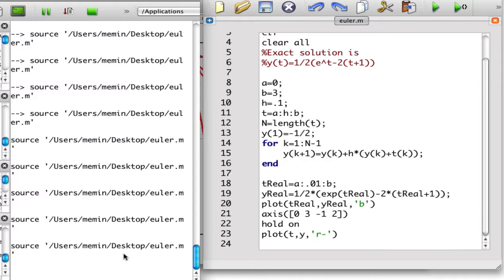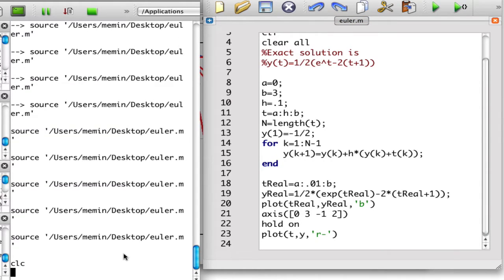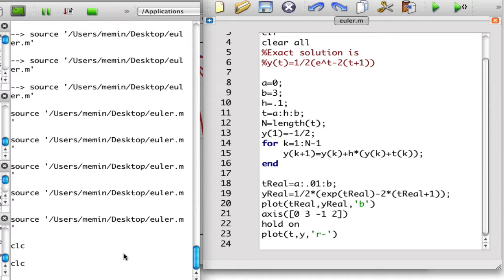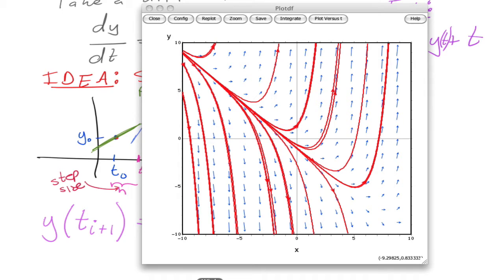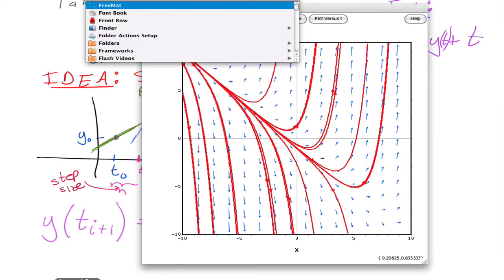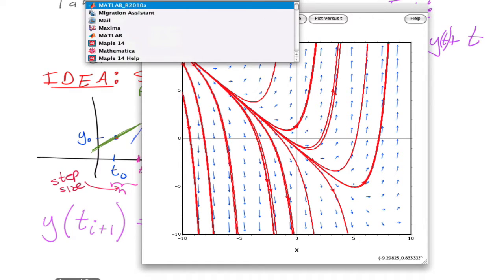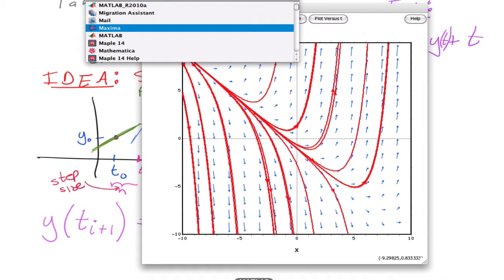It's not giving me an error. I crashed it. I totally crashed it. That's what you get with free software. No, it said ready.